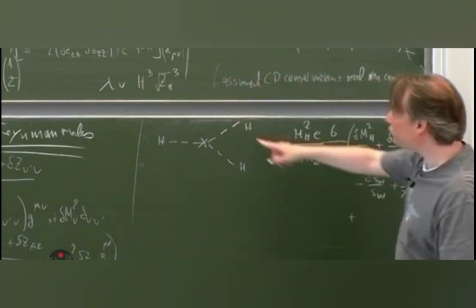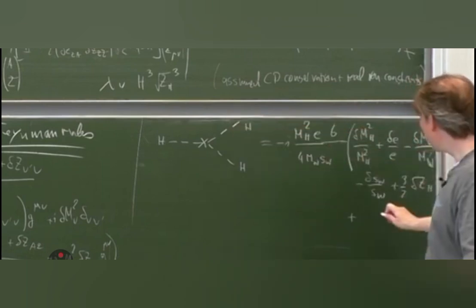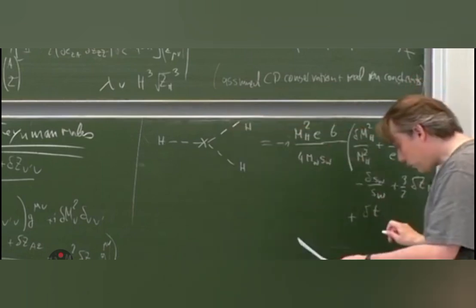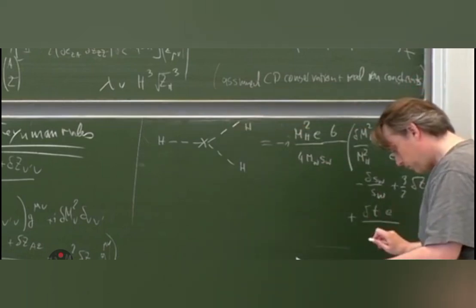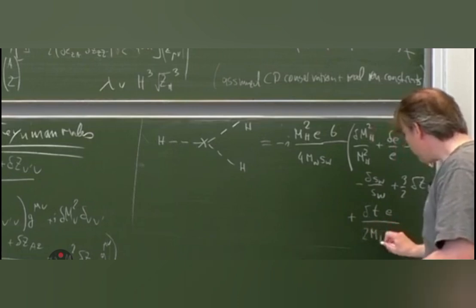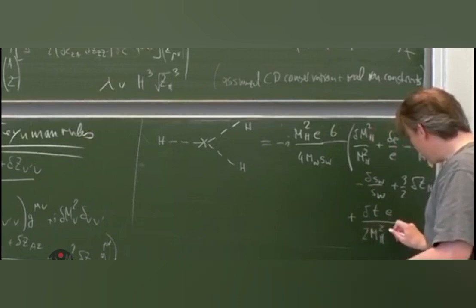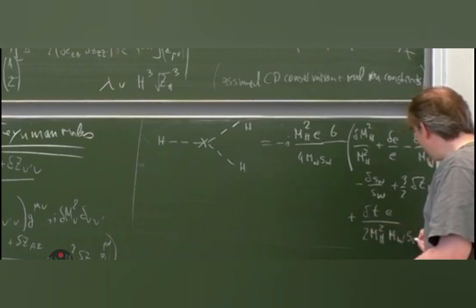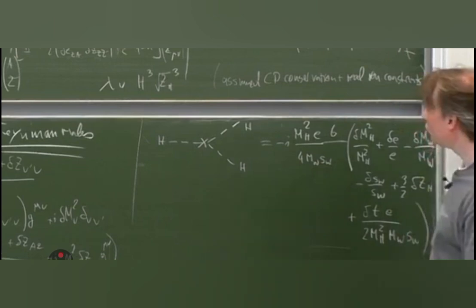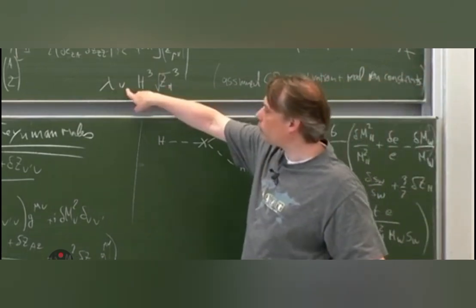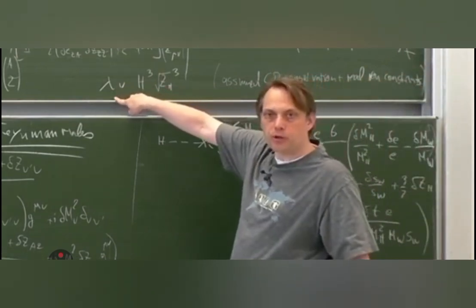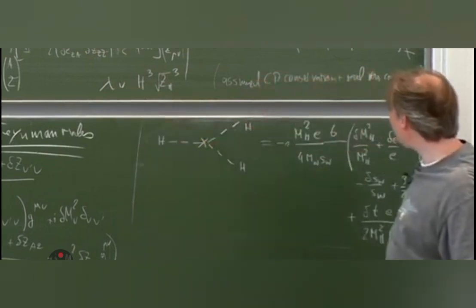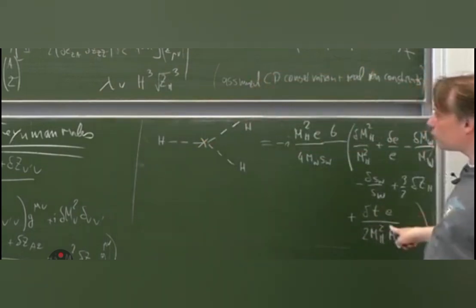And then there comes the contribution from the tadpole, which you need to work out. That is delta T times E divided by 2 mH squared MW SW. You saw from the lambda and V formulas there was a tadpole appearing, and if you take into account that tadpole, renormalize it, then it enters the contribution in exactly this way.